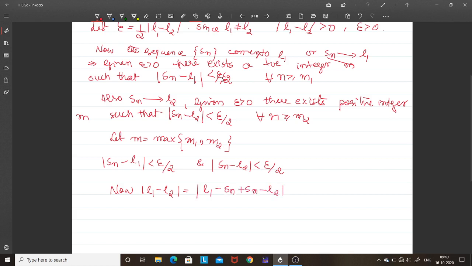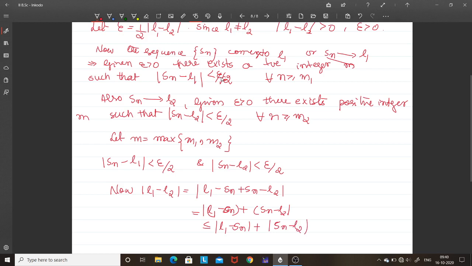So I can write this as mod L1 minus Sn plus Sn minus L2, which is less than or equal to mod L1 minus Sn plus mod Sn minus L2. I've used the triangle inequality.